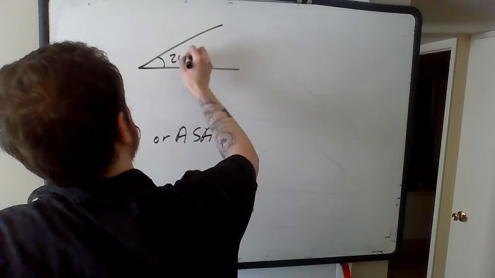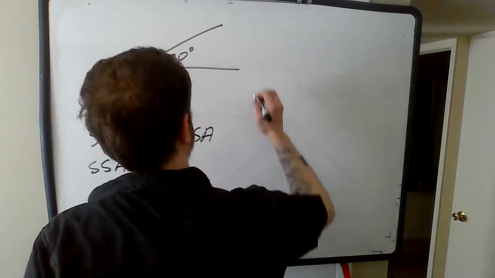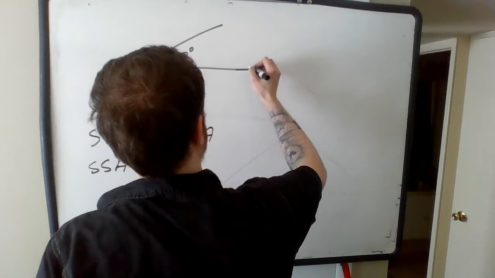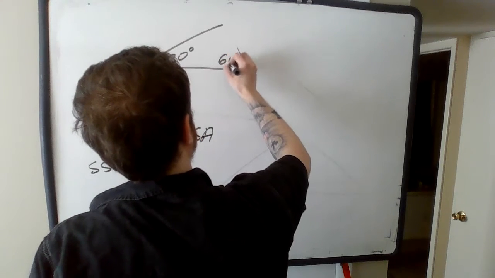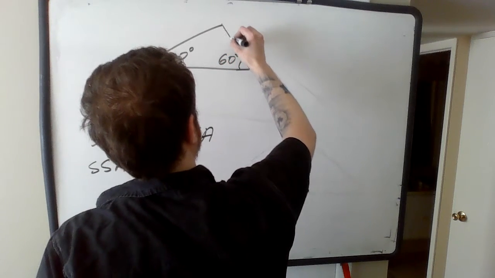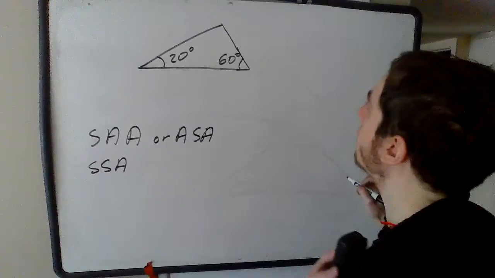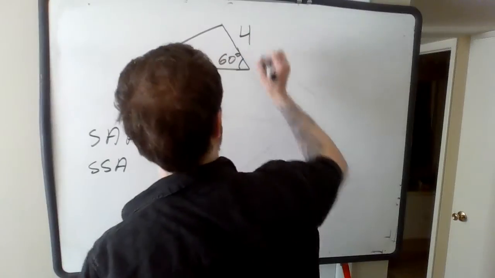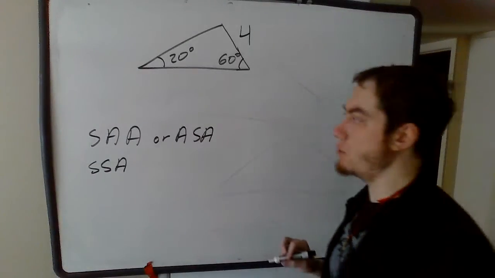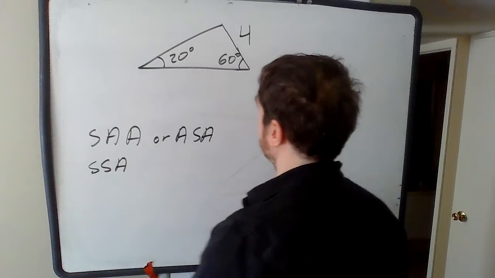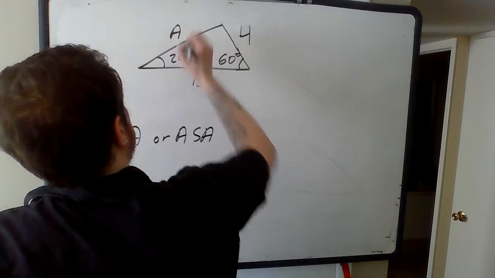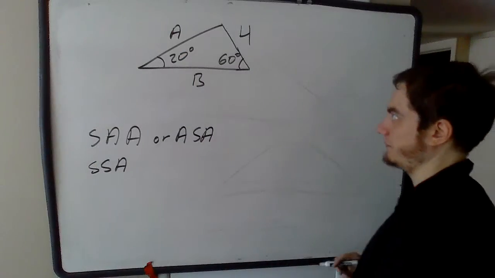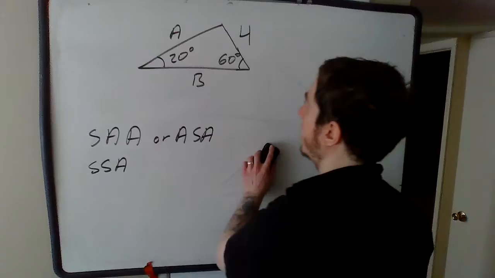Let's say that this is an angle of 20 degrees and let's suppose that this is an angle of 60 degrees. And what you know is that this side is a length of 4. And I want to solve this triangle. So let's say that this side down here is going to be side B, and this side up here is going to be side A, just for the sake of example.